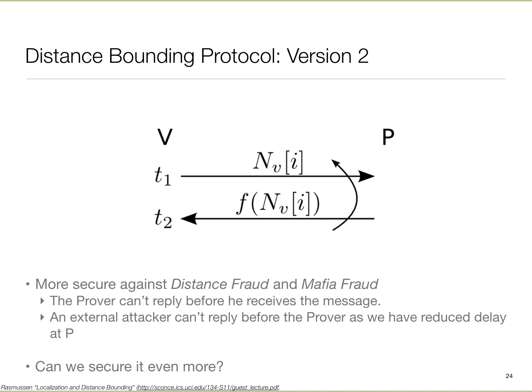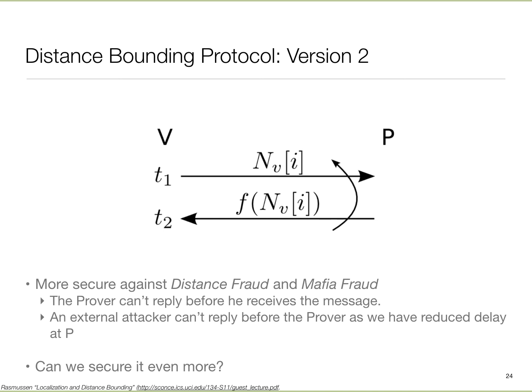So instead of sending out all of NV in one go, we send the first bit of NV, the second bit of NV, the third bit of NV, and the prover does the operation on each bit. It sends back that one bit response, and then we assemble them together to get the whole response. So hopefully the bit-level operations are faster, we have reduced delta P, and we have gained some control over this.